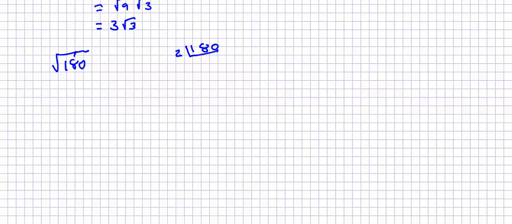We start with prime factors. 2 goes into 180 90 times. 2 goes in there 45. 2 doesn't go into 45, but 3 does. 15. 3 goes into there 5. So 180 is equal to 2 times 2 times 3 times 3 times 5.